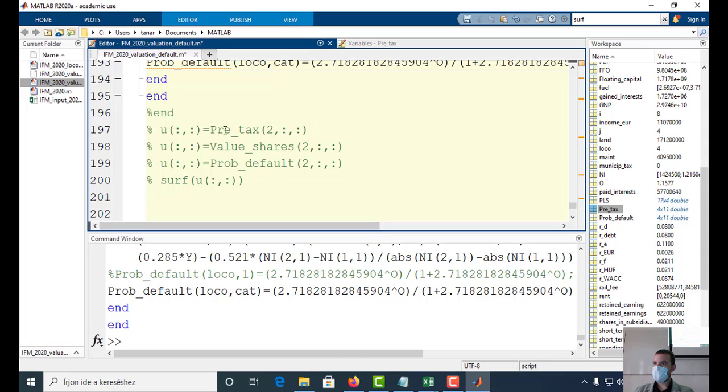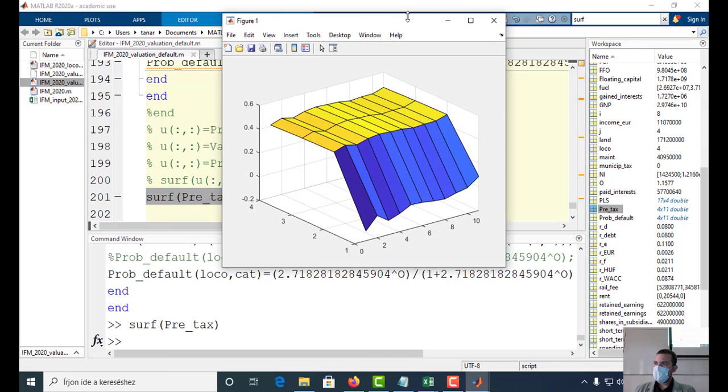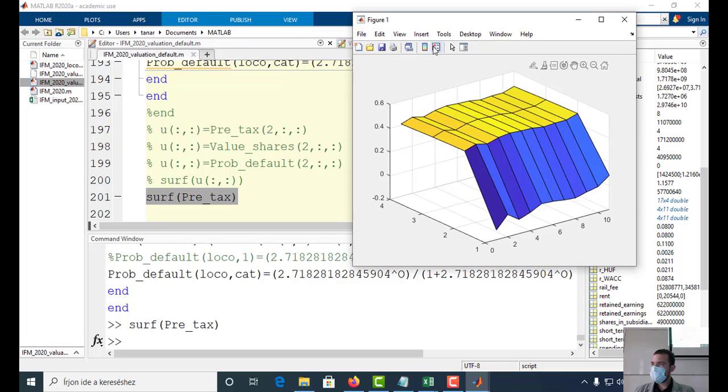Let's make all of them comments, and then we can say surface pretax will be something like this. So these are the different exchange rate scenarios, and this dimension represents the different locomotives, and this dimension represents the pretax profit ratio.